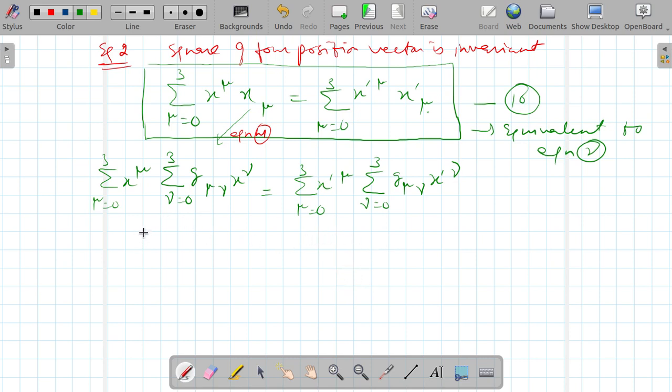So I can rewrite this part as a summation over mu nu, both varying from 0 to 3, and here it can be written as g mu nu x mu x nu. It must be equal to the summation over mu nu from 0 to 3 of g mu nu x prime nu and x prime mu.